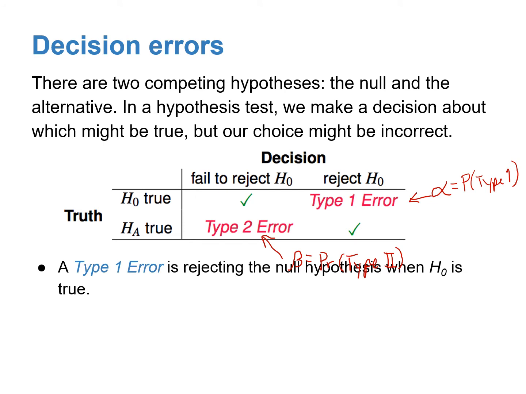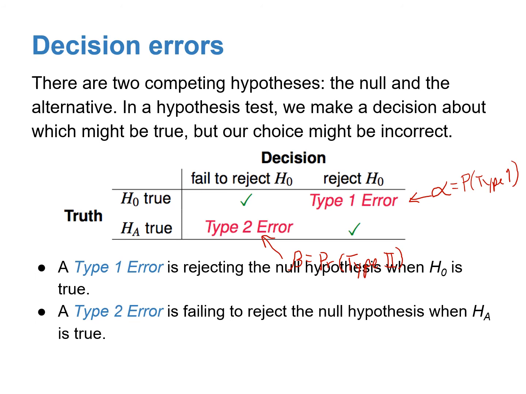Type 1 error is rejecting the null hypothesis when the null hypothesis is true. A type 2 error is failing to reject the null hypothesis when the alternative hypothesis is true.